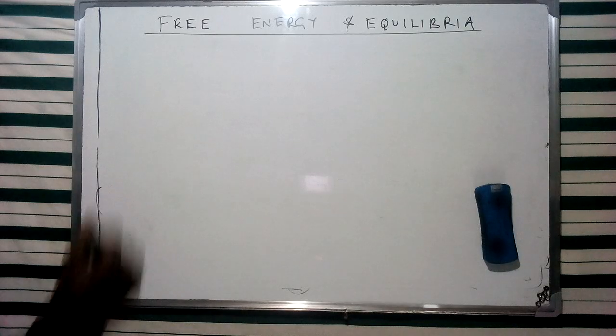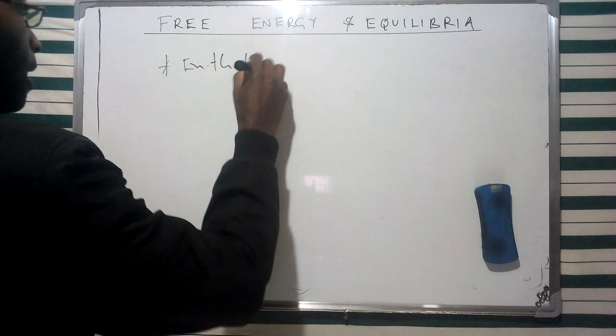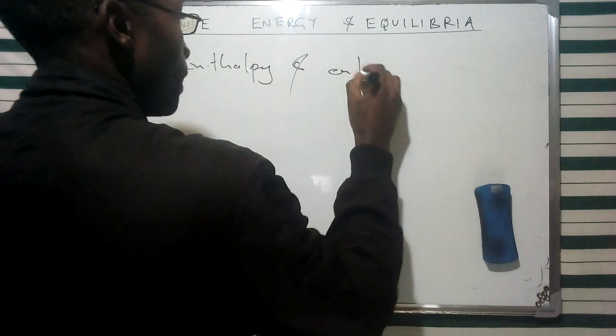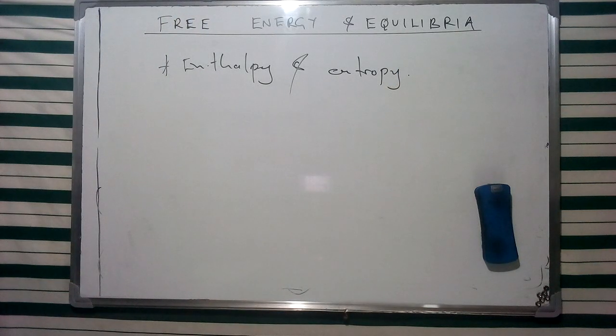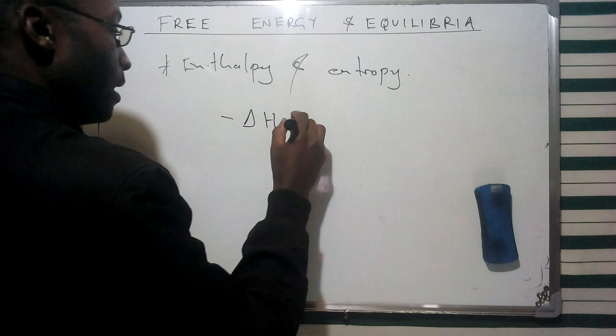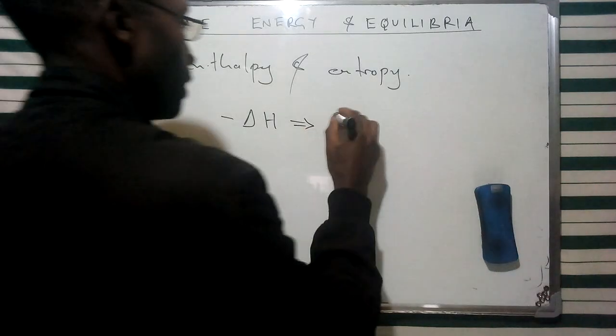place. Now, we had mentioned from our previous discussion that the concept of enthalpy together with the concept of entropy are the two aspects which are going to be essential in trying to check the spontaneity of a chemical reaction. And therefore, we see that delta H, which is enthalpy, a negative value of enthalpy, is going to imply spontaneity.